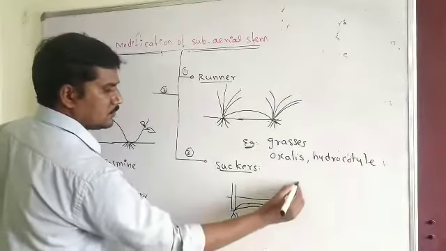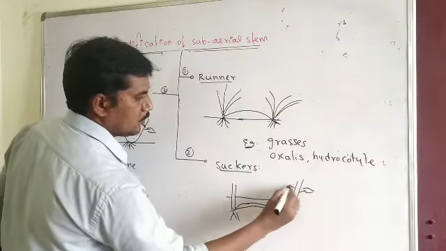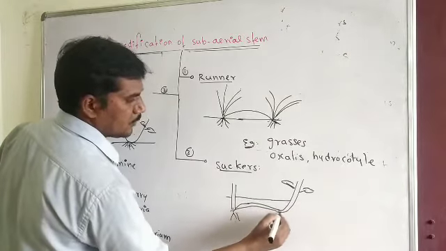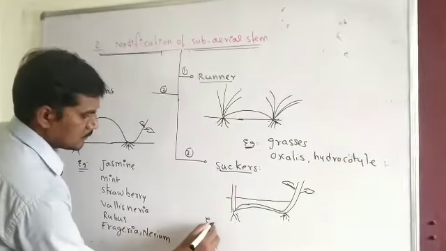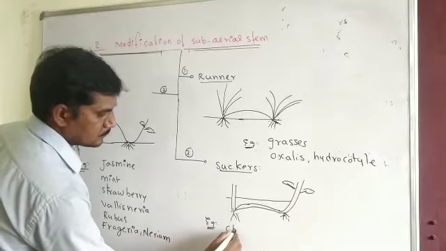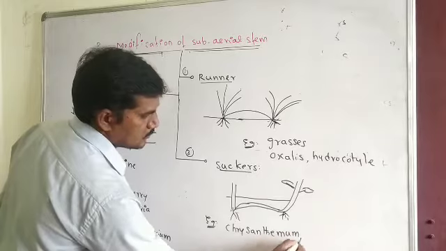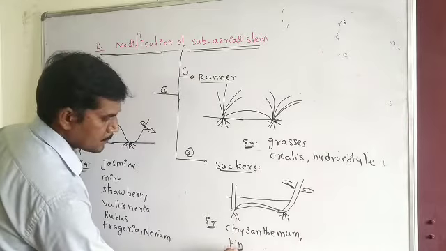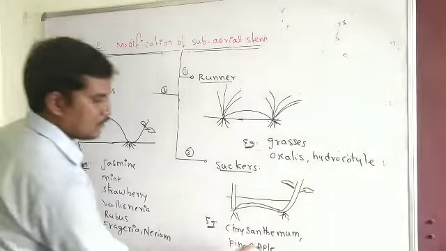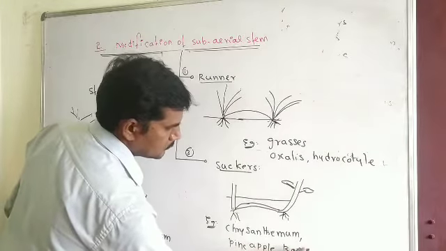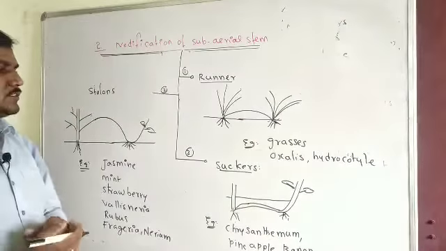After that they come out of the soil and produce new plants, called suckers. Examples for the suckers: chrysanthemum, pineapple and banana. So these are the types of modification of the subaerial stems.